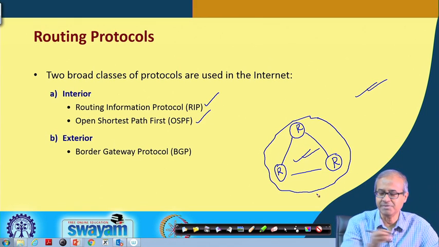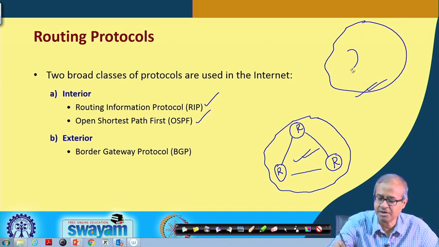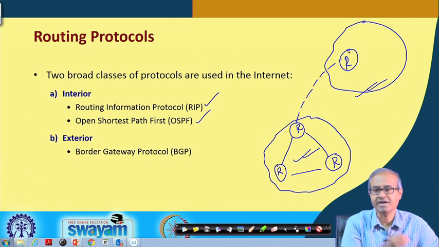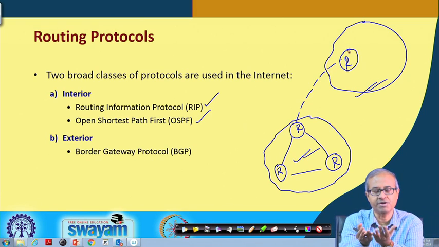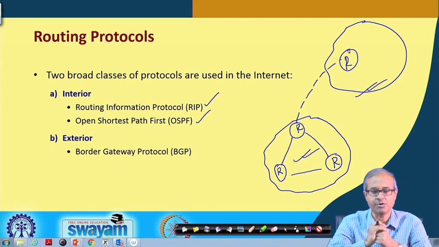And exterior means, let us say there was another boundary, there is some other router there, and one of these routers can talk to that other router in that other boundary and update routing information, share routing information accordingly.